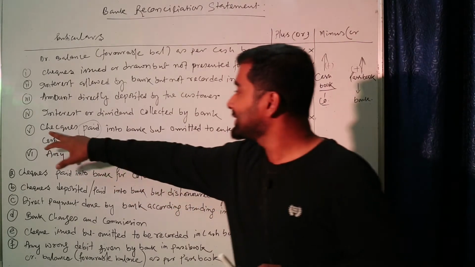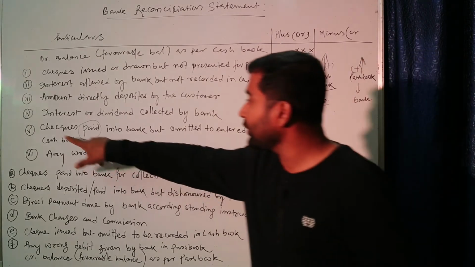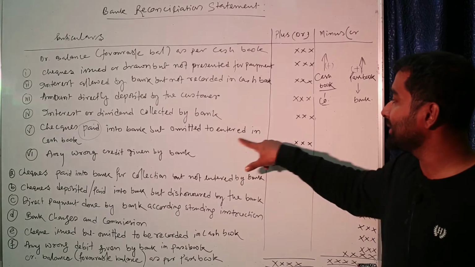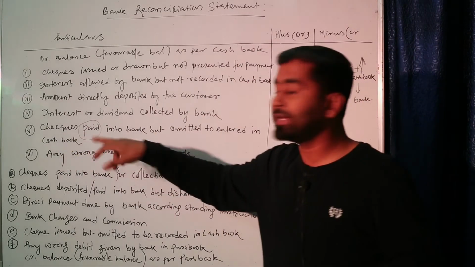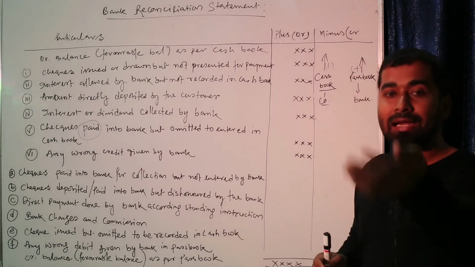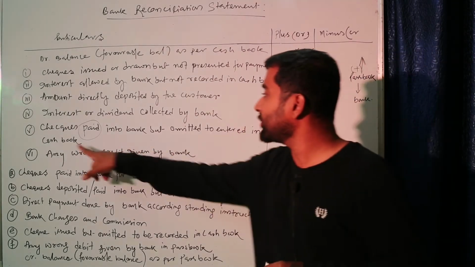Next, cheque paid. The paid is nothing but deposited. So now, cheque deposited into bank but omitted to enter in cash book. Now think what happened. The cheque was paid into the bank. That means you have given the cheque to the bank and the bank has already entered that amount in the passbook, but you have not done it.